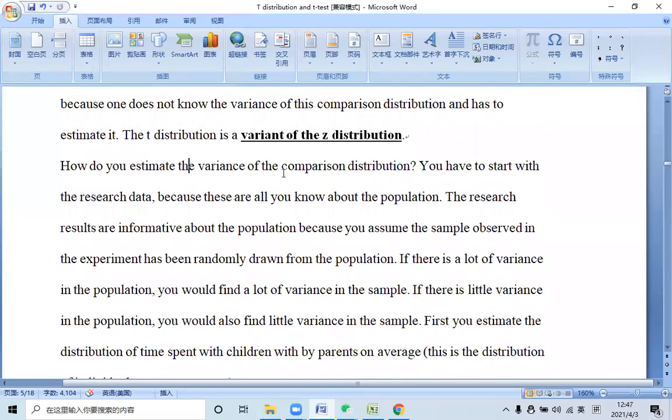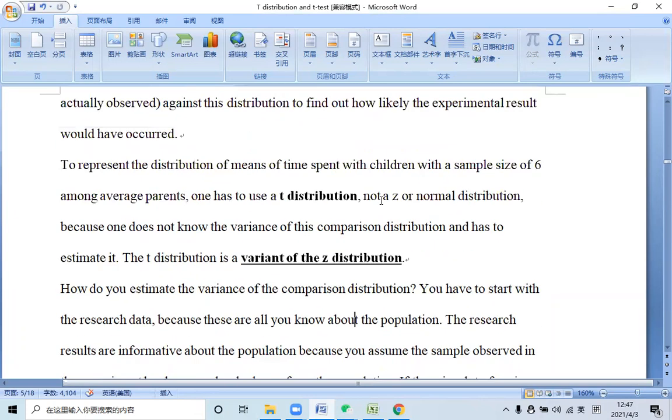How do you estimate the variance of the comparison distribution? In other words, we need to estimate the variance of the distribution of average parents. We know the mean. Mean is 2 hours. But what is the standard deviation? So we can start with the research data.